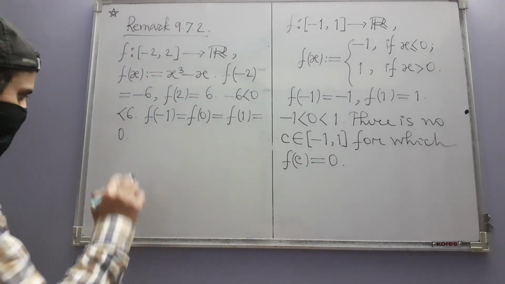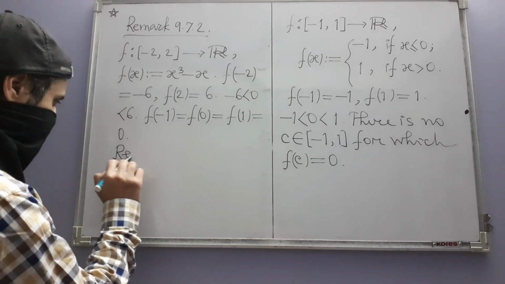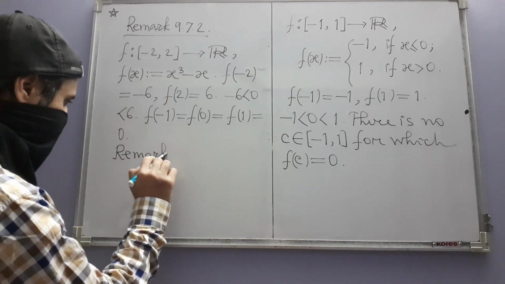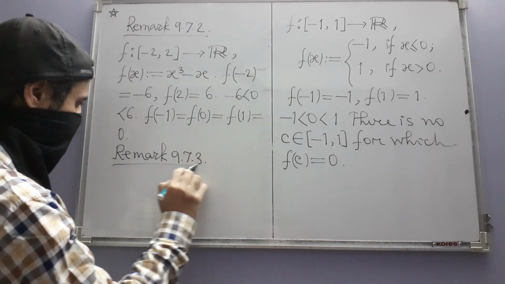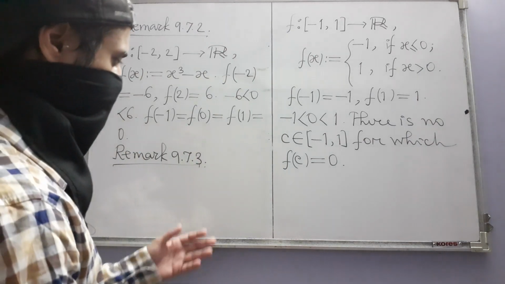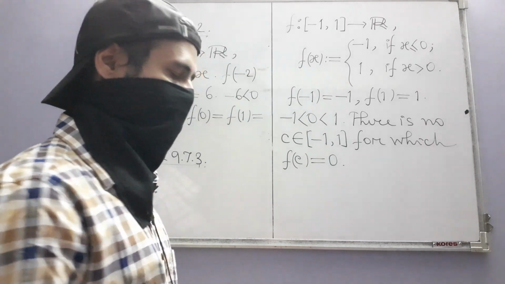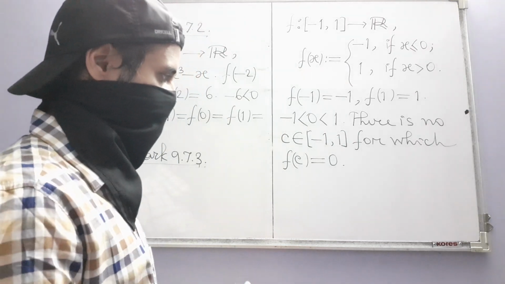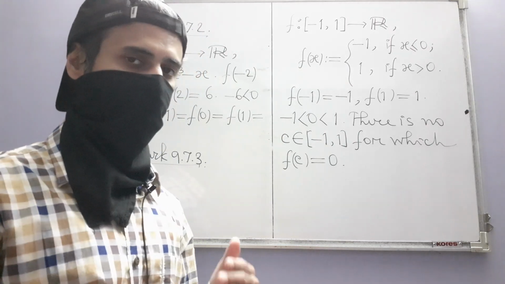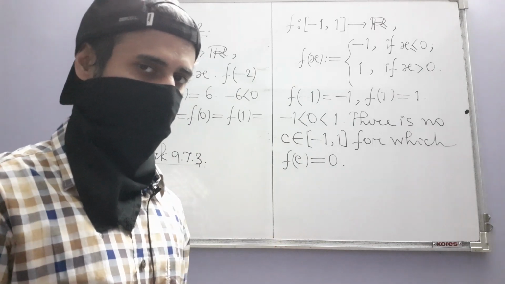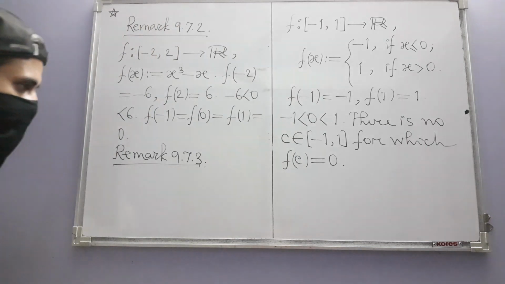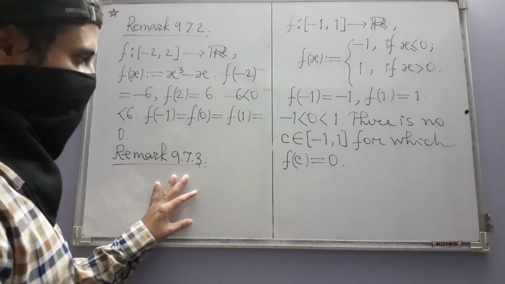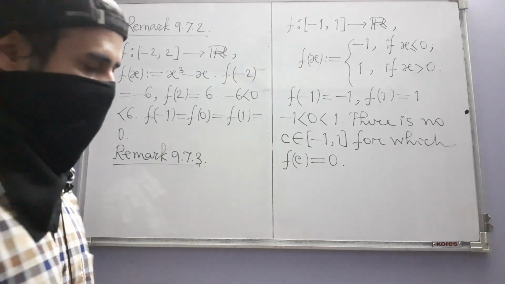There is another remark after this. You see, we have already established theoretically existence of nth root of any positive real number, where n is any positive integer. But we can also use the intermediate value theorem for that.